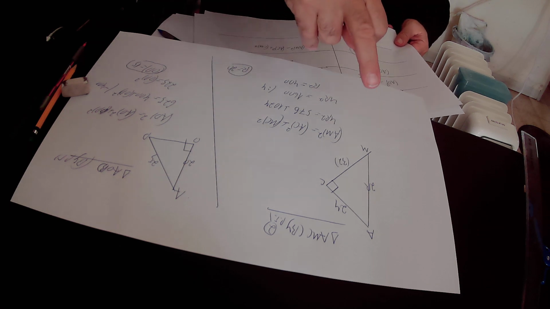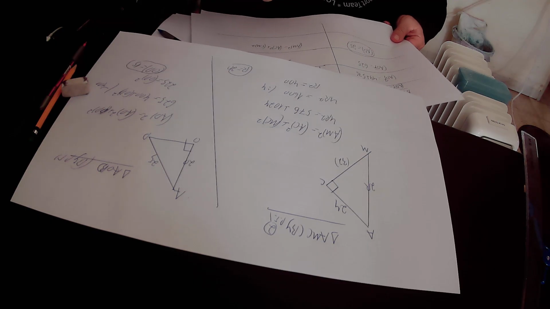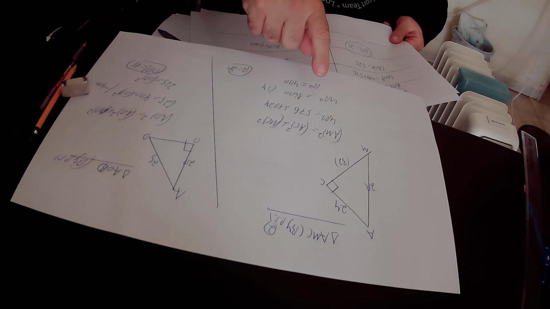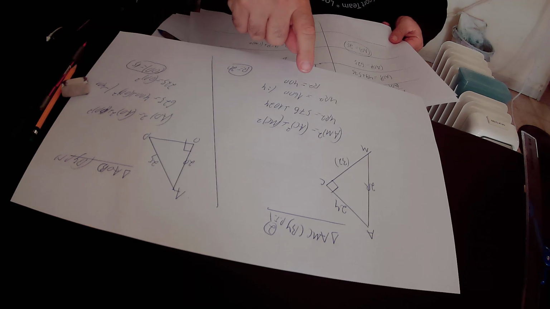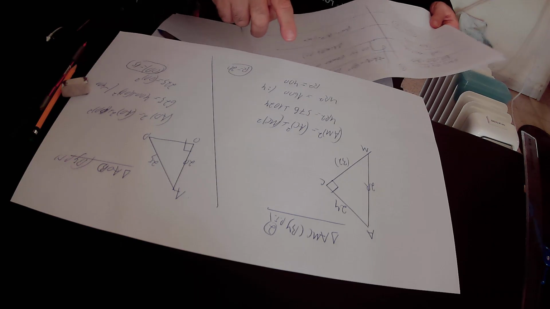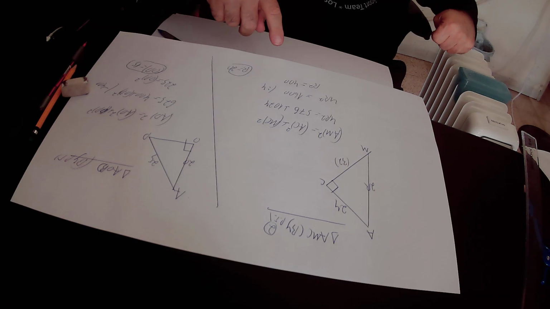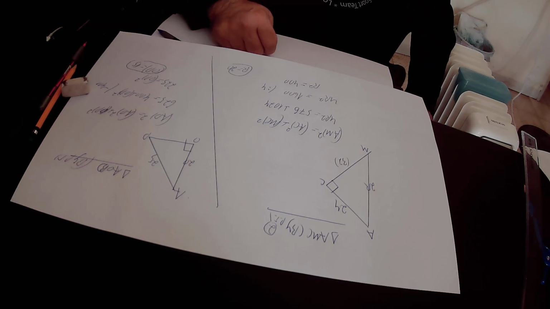According to the Pythagoras theorem, AM square equals AC square plus MC square. AM is 2R, therefore AM square is 2R squared, that is 4R square, and it is equal to AC square. AC is 24, therefore AC square is 24 squared, that is 576, plus MC square. MC is 32, therefore MC square is 32 squared, that is 1024. So 4R square equals 576 plus 1024, which is 1600.